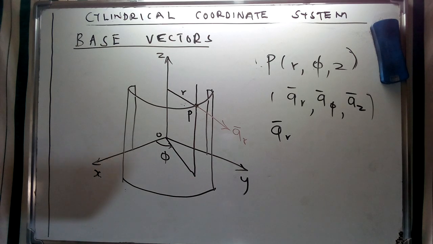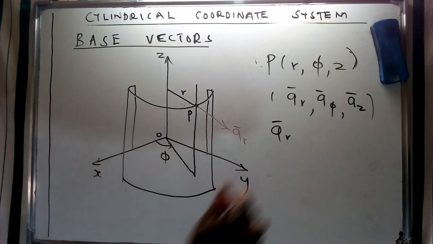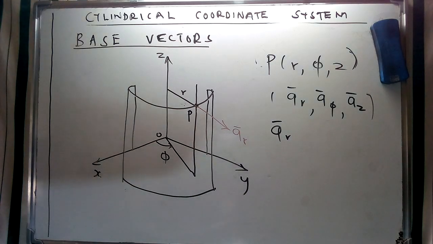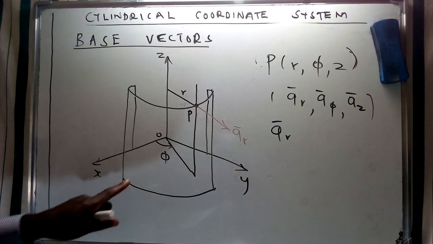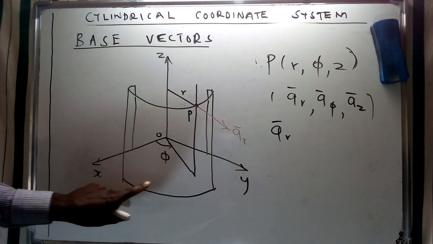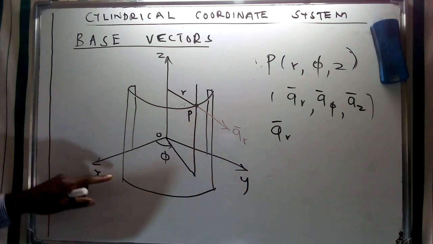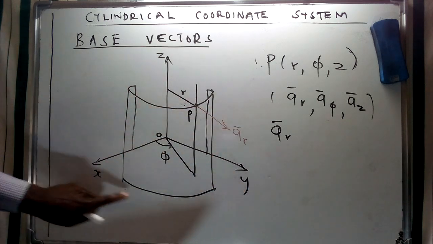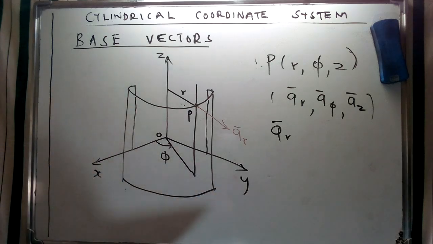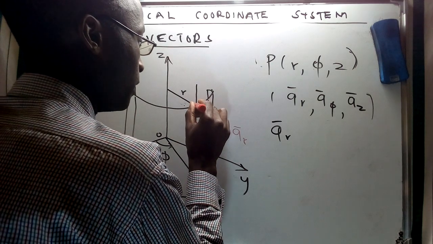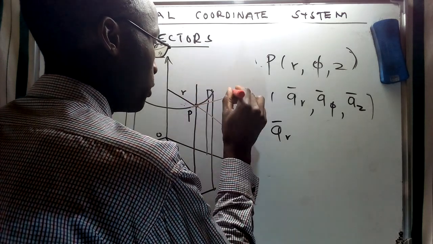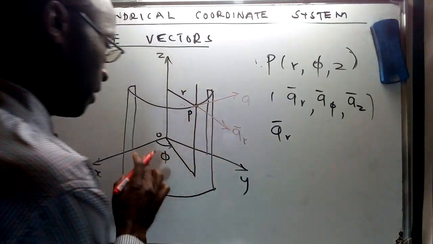So we're going to have a second one, a_phi, and it is going to lie in the plane that is parallel to the XY plane. It is going to be indicated in the direction of increasing phi.